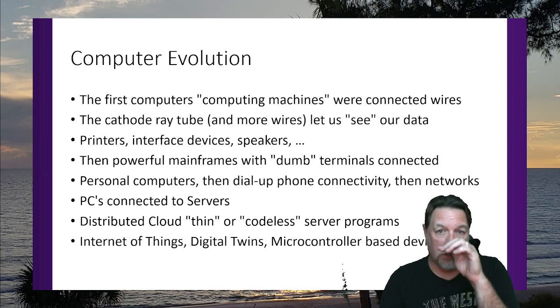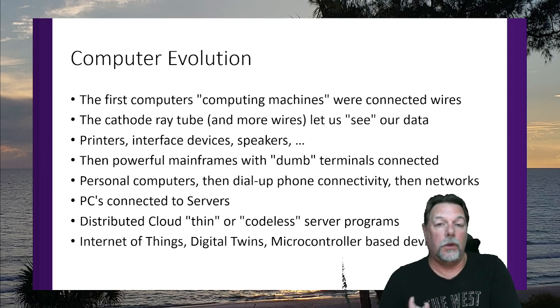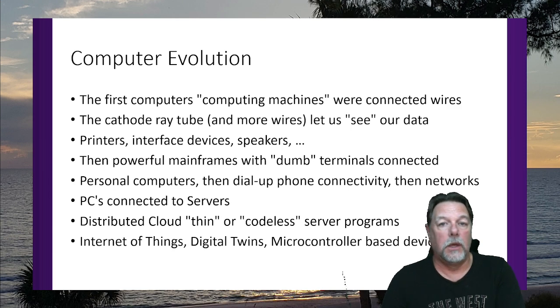So in the beginning, the first computing machines, for example, the kind of computers that they built in World War II to help defeat the Germans, or the computers that they built in the 60s to send the rockets to the moon, were all very simple. They were not the fancy advanced personal computers that we see today.